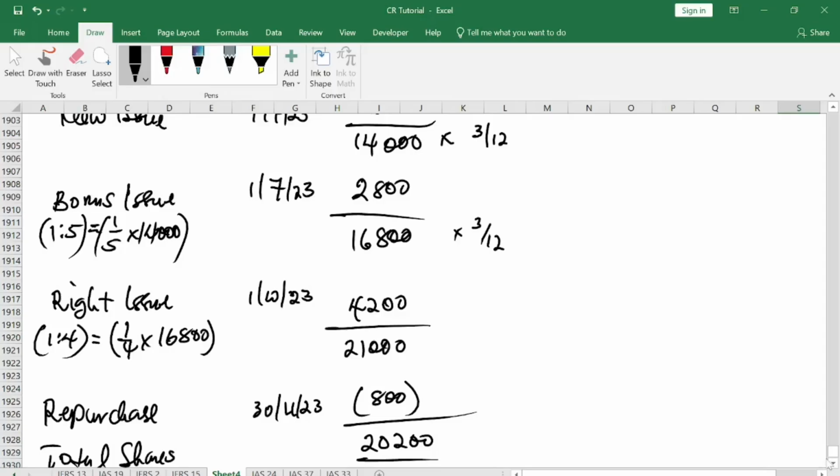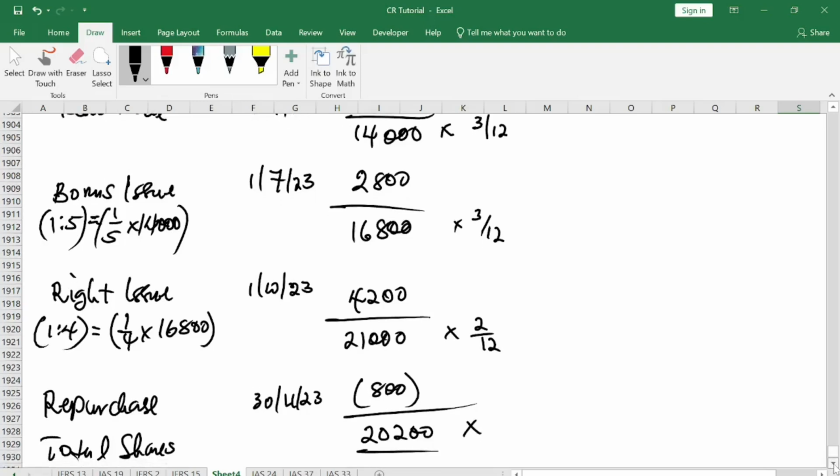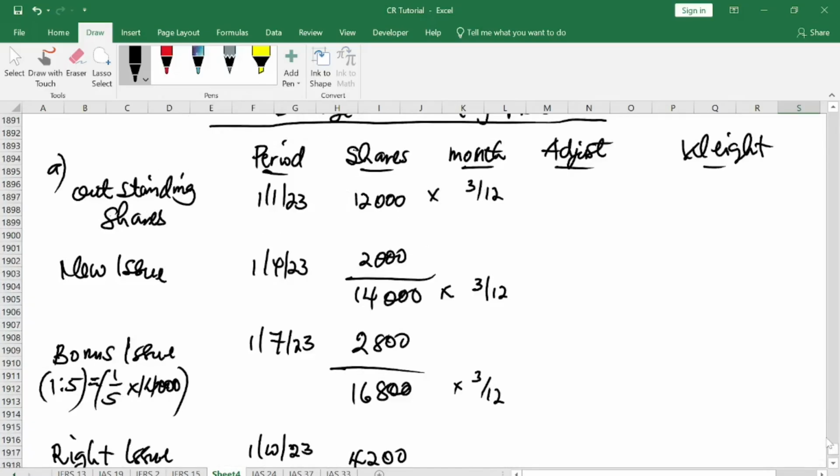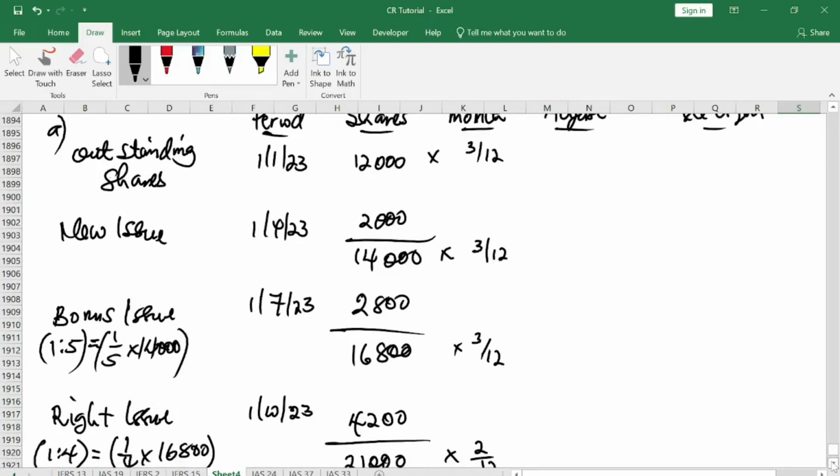So between the last outstanding and when it was cancelled is how many months? 2 months, right? Okay, so October beginning to the end of November is 2 months. So here we got 2/12. And then lastly, this outstanding will travel to the end of the year, up to December. From November to December is 1 month. Okay, so we're done with the apportionment of months.